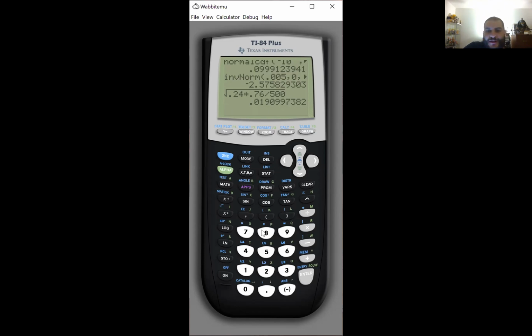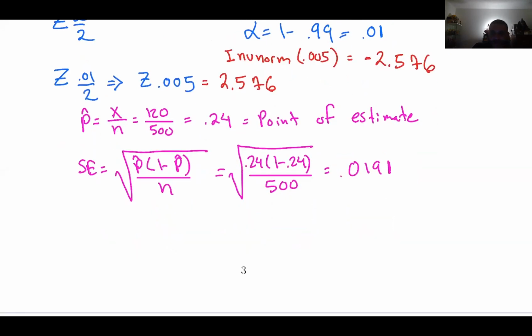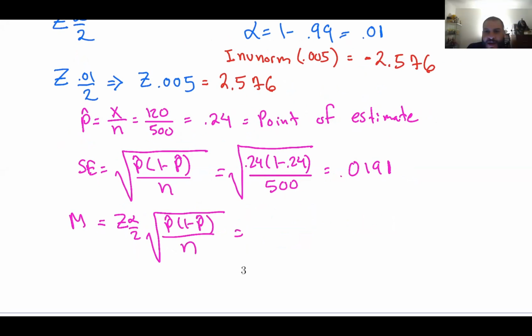Up next, we're going to do the margin of error. The margin of error is equal to z alpha divided by 2 multiplied by the square root of p hat times 1 minus p hat, all divided by n. If you remember, what did I say z alpha divided by 2 was equal to?